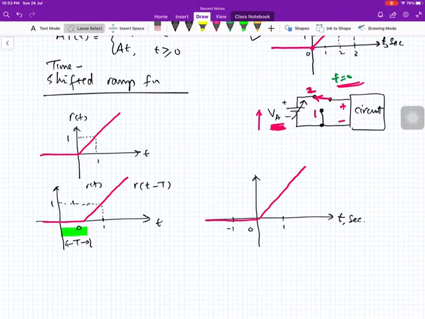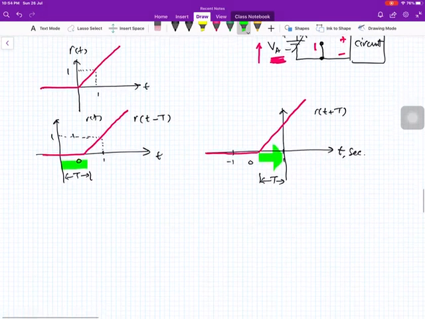Now if we shift this origin to the positive side by an amount T, and in this case T is 1 second, then this will be represented as r(t plus T), as we have shifted the origin to the positive side. Remember, we have shifted the origin to the positive side.